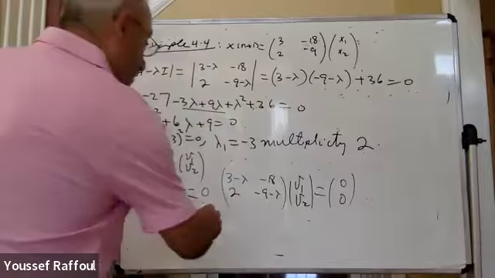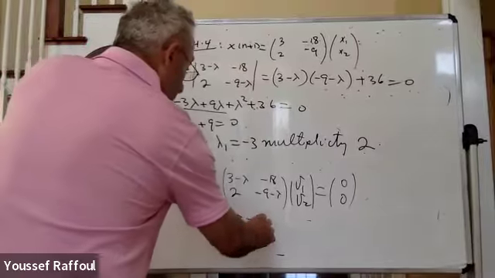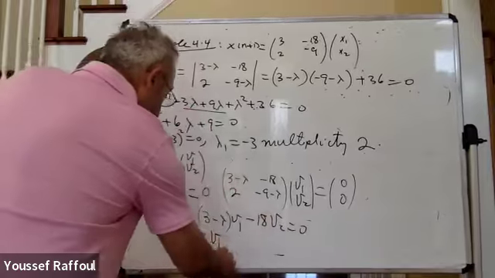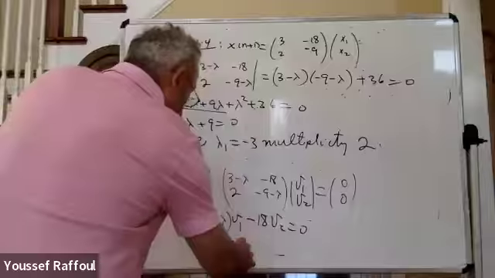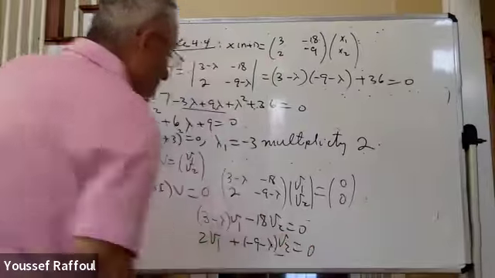And we have 3 minus lambda V1 minus 18 V2 equals 0, 2 V1 plus minus 9 minus lambda V2 equals 0.